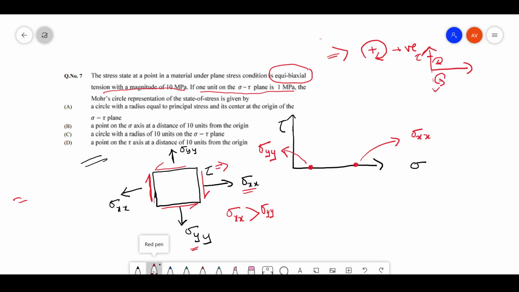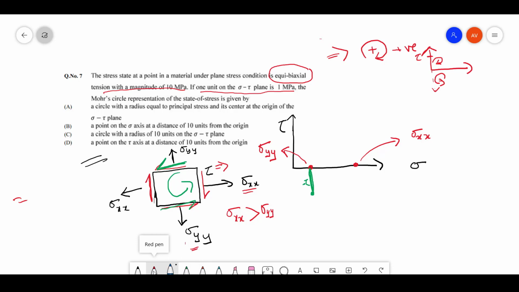So if I consider here, you can see that for sigma yy, the tau corresponding to that is actually anti-clockwise. So corresponding to this particular thing, your tau is going to be negative. Let's say this is the tau or minus tau.